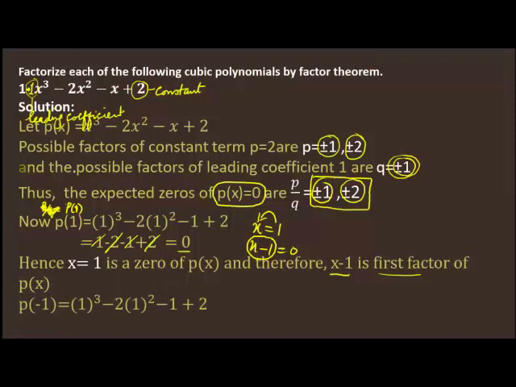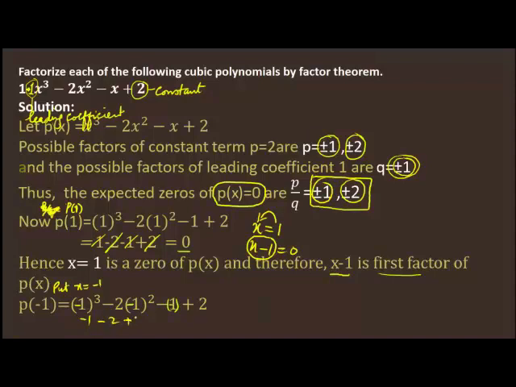Now we will put x is equal to minus 1, right? Cube of minus 1 is minus 1. Square of minus 1 is plus 1, plus 1 into minus 2 is minus 2.